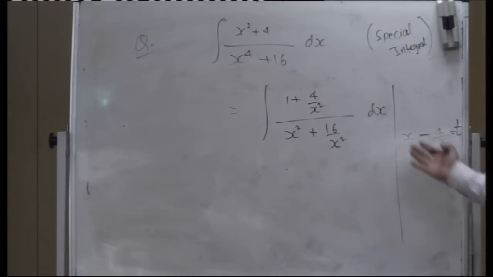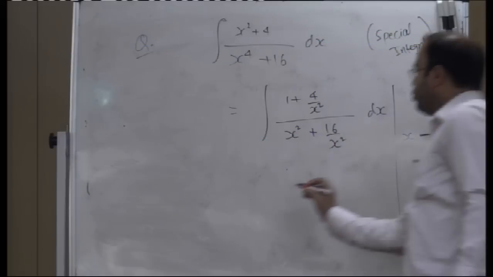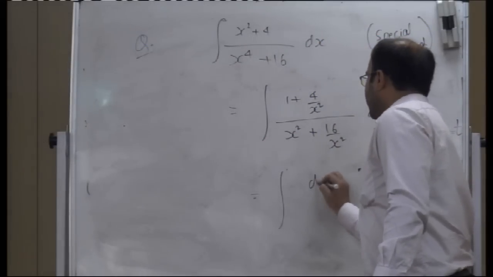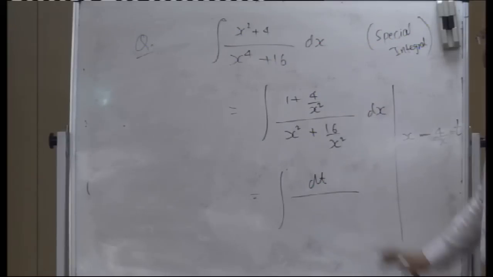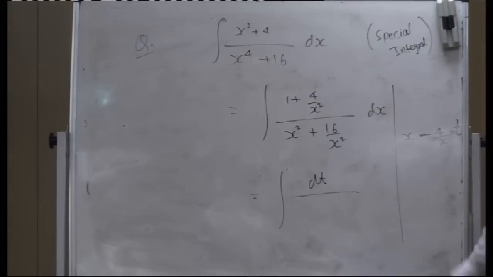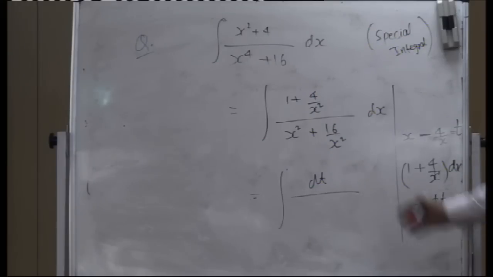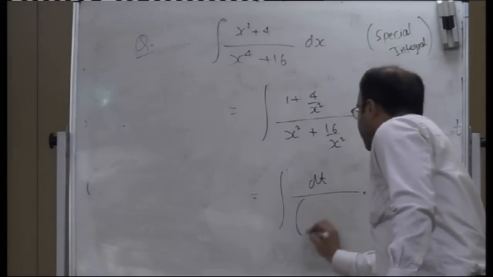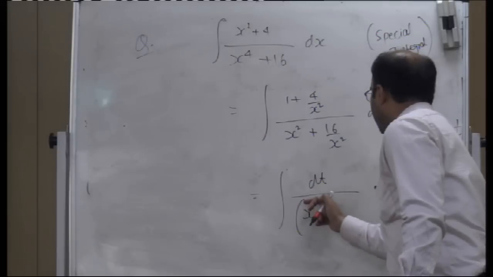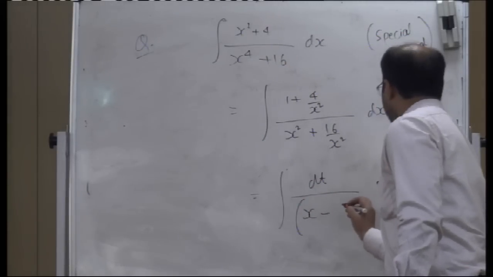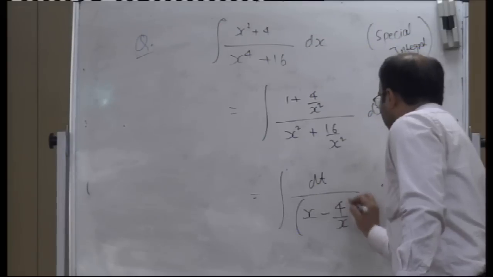Now after assuming this part as t, the numerator part has been solved, that is actually dt. Now you have to worry about the denominator part, because this is (1 plus 4 upon x square) dx equal to dt. And then we have x square plus 16 by x square, which can be written as (x minus 4 by x) whole square.